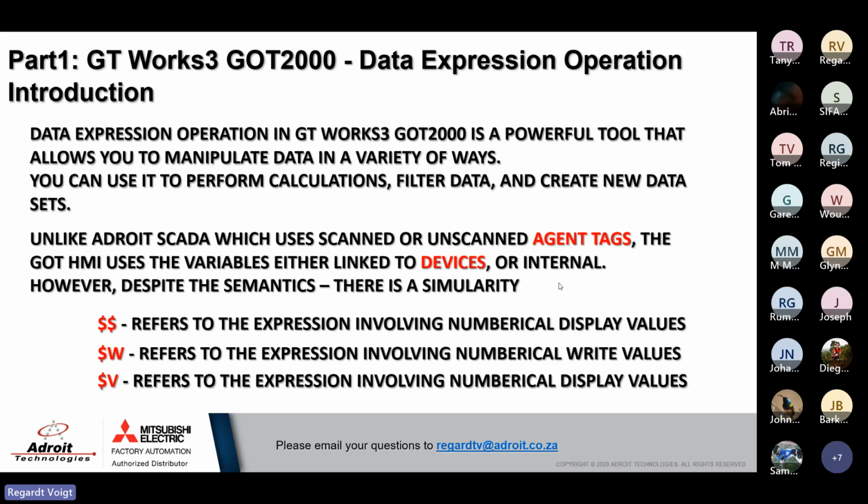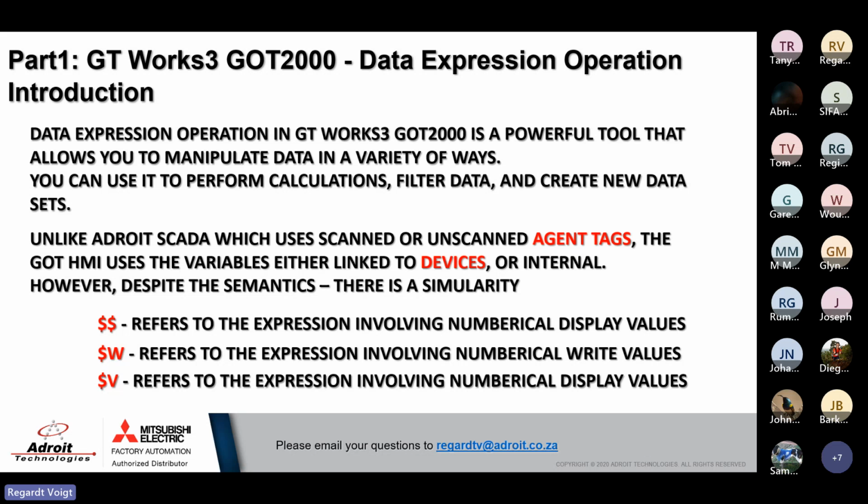So Adroit SCADA obviously uses your scanned or unscanned agent tags. If it's scanned, it gets its value from the front-end device, from the PLC. If it's unscanned, it's typically user-defined. In other words, the operator can add a value based on the plant processes, and that would comprise the components of your expression. For the HMI side, these can also be constants and coefficients, but mainly it is devices that are used for calculation variable purposes.